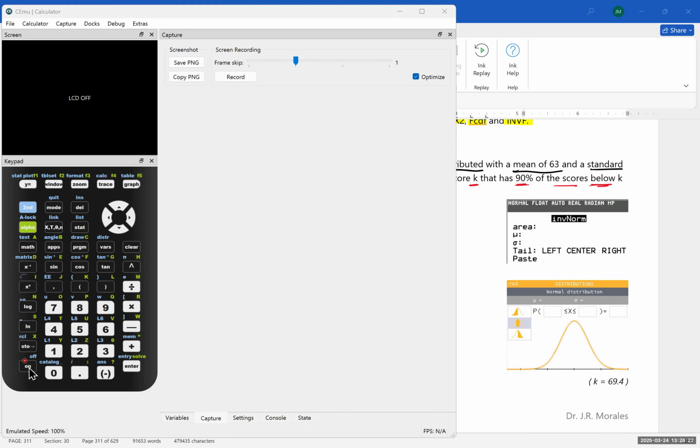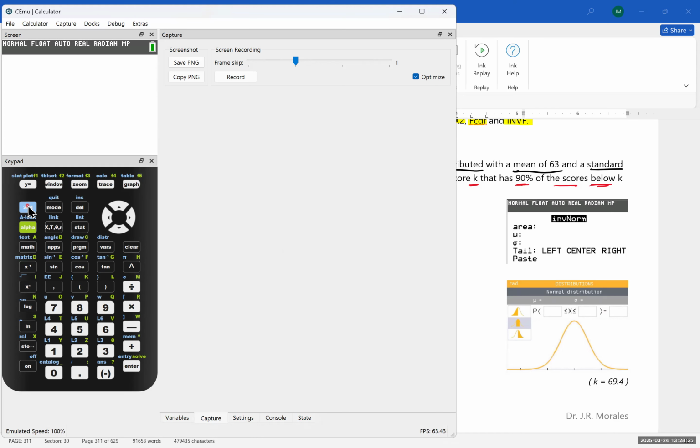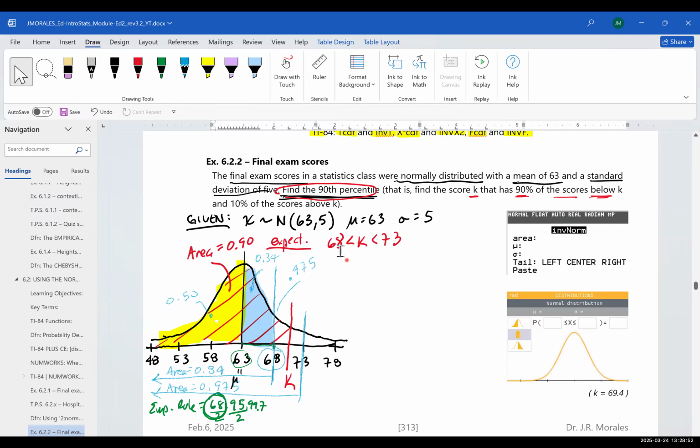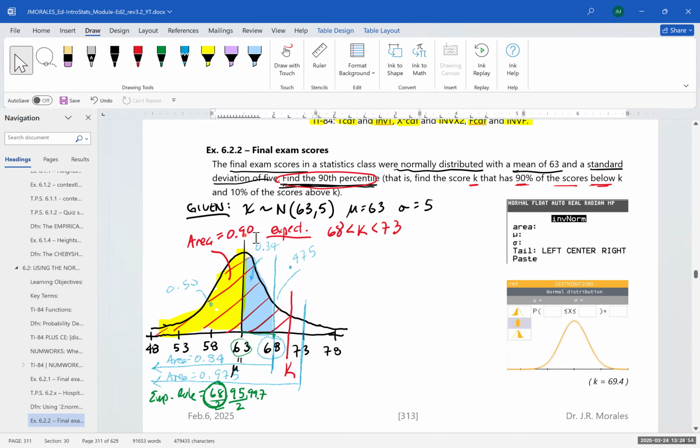We want to use inverse norm. That's in the distributions functions, second VARS, and you can see inverse norm is the third function down. It gives me different options. It wants to know the area, which is that percentile, 0.9.